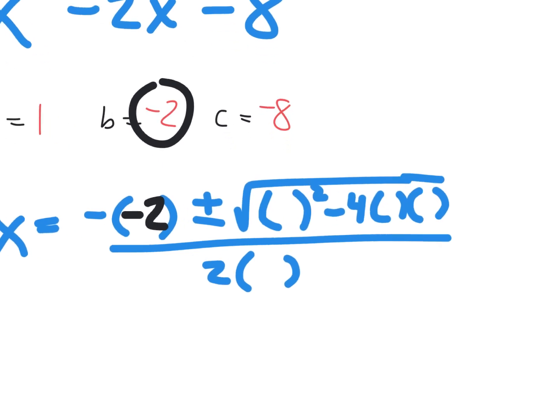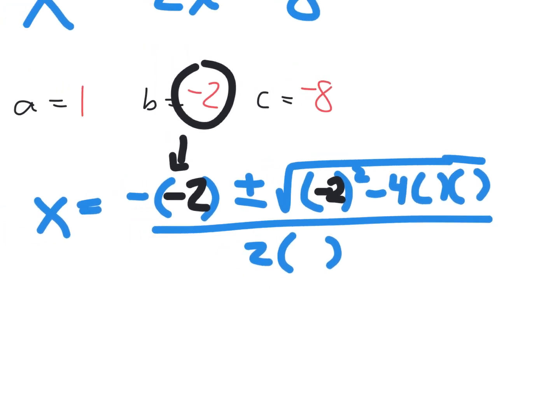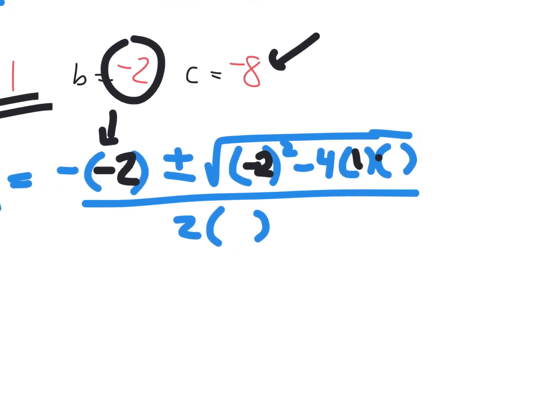But this -b part pales in comparison to all of the stuff underneath the root. So there, I got to put in b, which is -2, square it, minus 4 times a, which was over here, it was 1. C is -8, all over 2a, and again, a was 1. I have a decent short-term memory, so yeah.